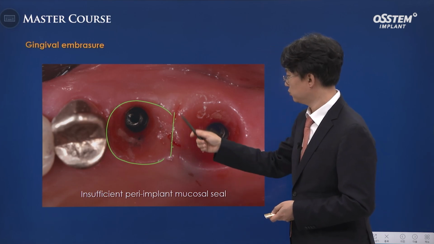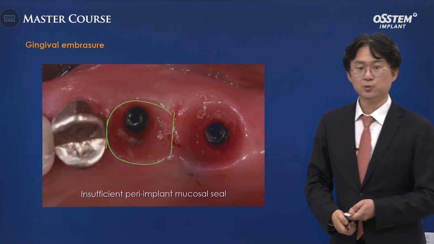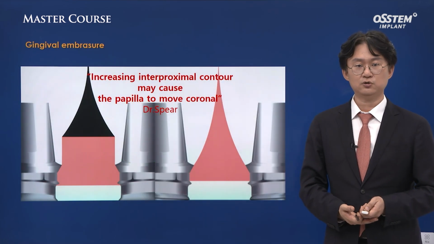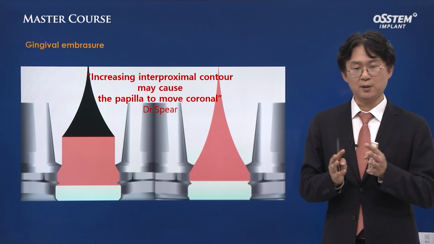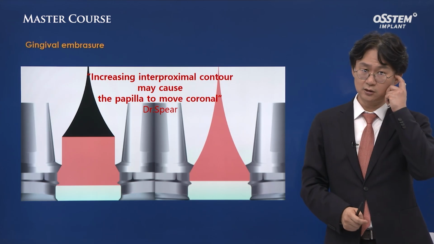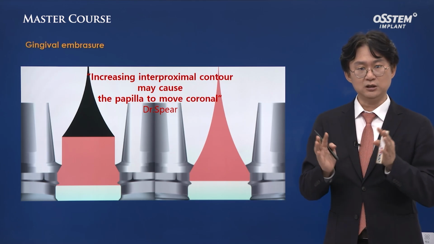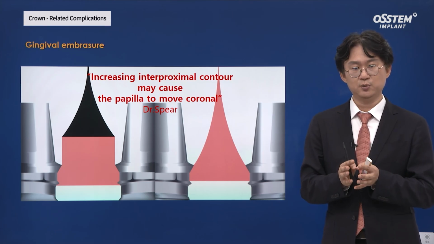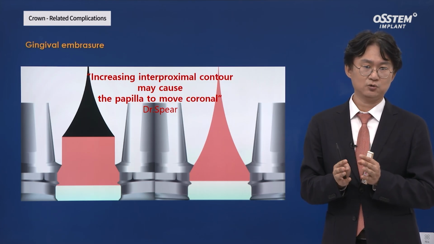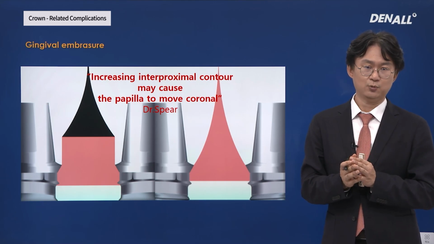Here is the collar. The gingiva is excessively compressed, so this part should be opened up, and the papilla needs to be opened up so that we can have a more healthy gingiva by modifying the shape of the prosthesis. When we design a prosthesis, we try to fill the papilla area from the beginning, but that area needs some breathing space. The embrasure should be symmetrical with the adjacent teeth over time.